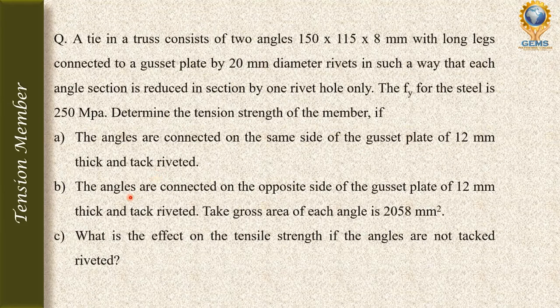The second condition is the angles are connected on the opposite side of the gusset plate of 12 mm thick and tack riveted, and take gross area of each angle as 2058 mm square. And the last condition is what is the effect on the tensile strength if the angles are not tack riveted. So let's do the solution to find how we can do this problem.